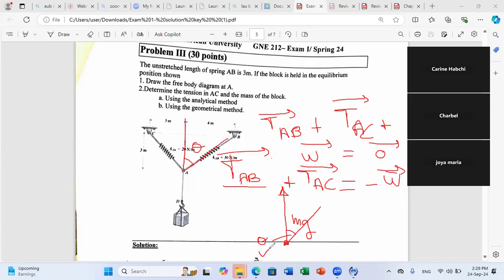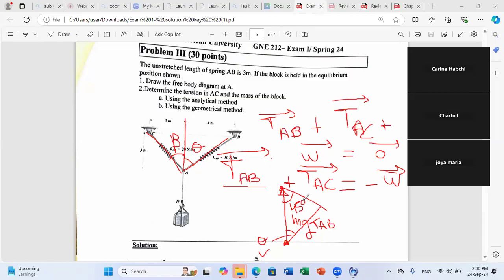And I will say that this is TAB. Now, from the extreme point, I draw a line parallel to AC. And this line is making with the vertical, according to my calculation, an angle of 45 degrees. So I draw a line parallel to AC, and I know that this angle is 45 degrees.